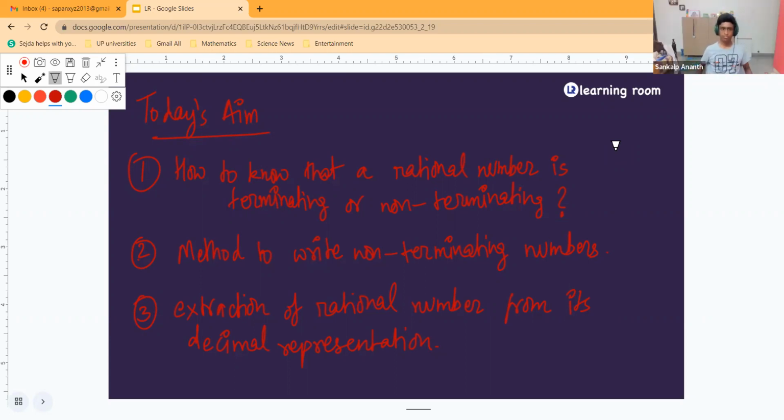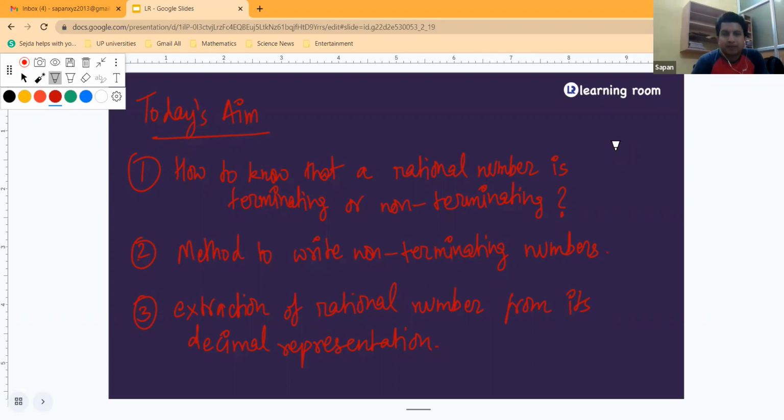So there are 3 aims for today. First is to know how to know that a rational number is a terminating rational number or a non-terminating rational number. Second, if it is non-terminating, how do we represent it?